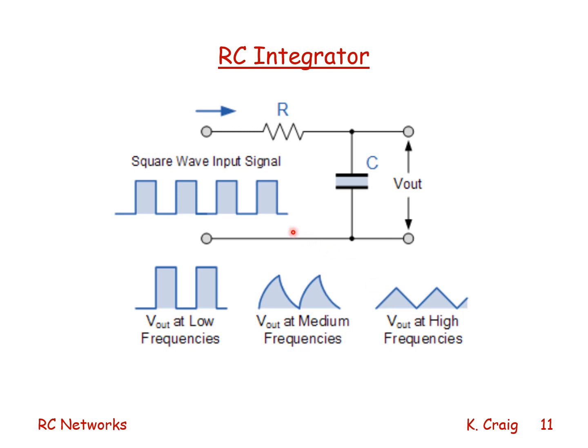And I see that this relationship, the integration, holds at high frequencies and does not hold at medium frequencies or at low frequencies. The RC circuit behaves as an integrator at high frequencies, at frequencies 10 times greater than the bandwidth and above.